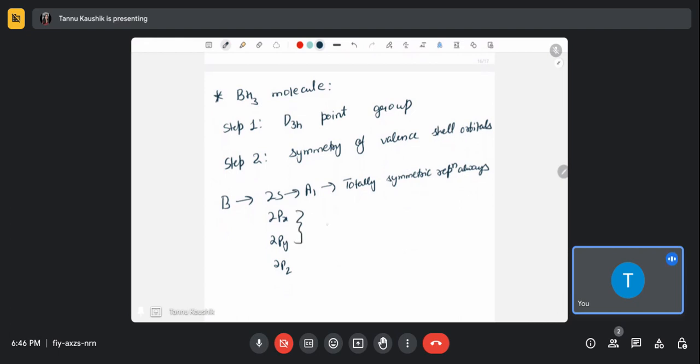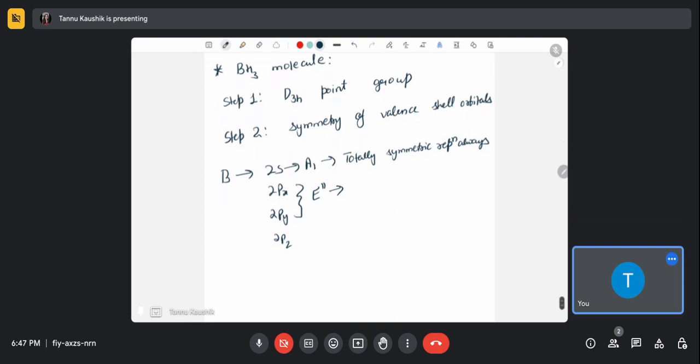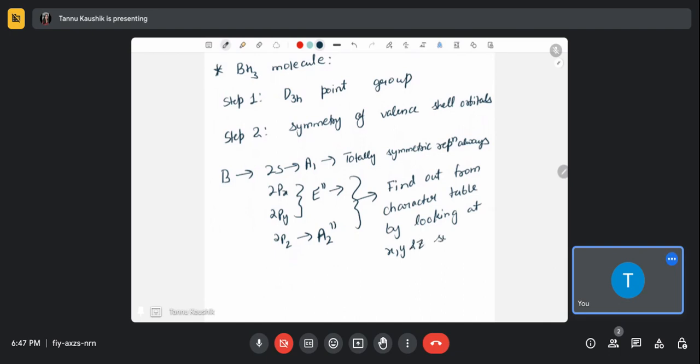So px and py have E' symmetry, and pz will have A2'' symmetry. These we will find out from the character table by looking at x, y, and z symmetry.